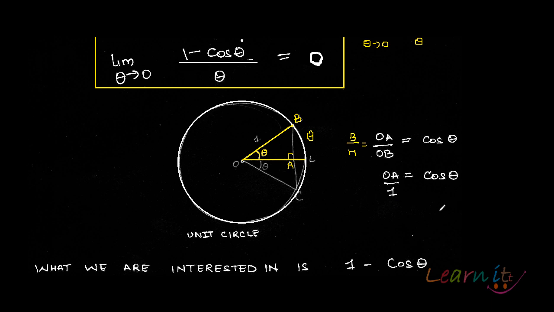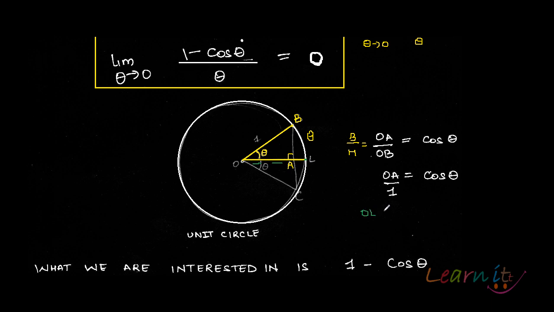But what are we actually interested in? We are interested in looking at 1 minus cos theta upon theta. So what exactly would be 1 minus cos theta? Now this length, as you see here, is cos theta. And this complete length, if I extend OA to L, is actually 1, because the radius of this unit circle is 1.